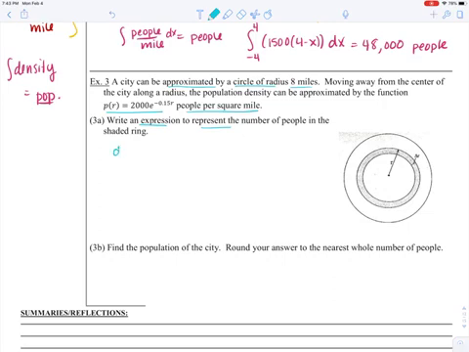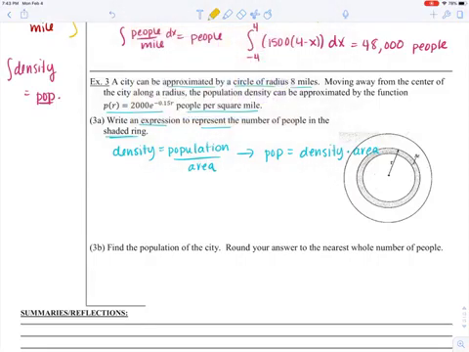So we know that density is equal to population per some area. If I solve this, I can say that population is equal to density times area. So I want to find the area of the shaded ring. And the shaded ring is all of this stuff, okay?